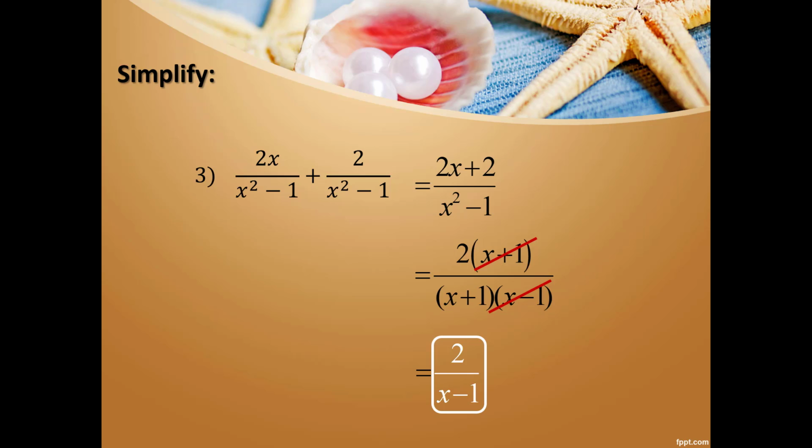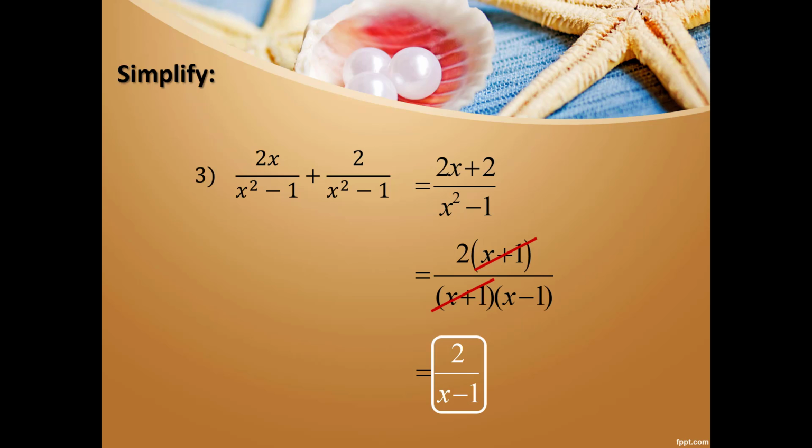Again, disregard that line on the denominator on the step prior, because that red line should go over the x plus 1. All right, I went back and fixed it, so it's now good. So the x plus 1's cancel out, so therefore we're left with the answer of 2 over x minus 1.